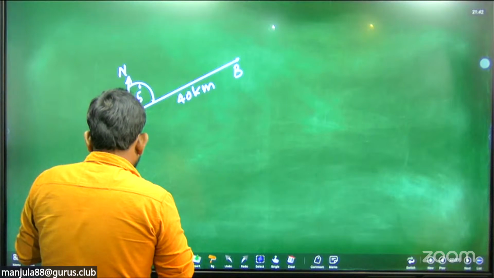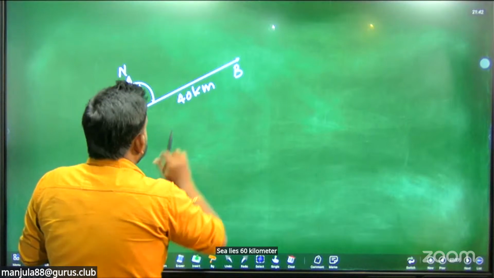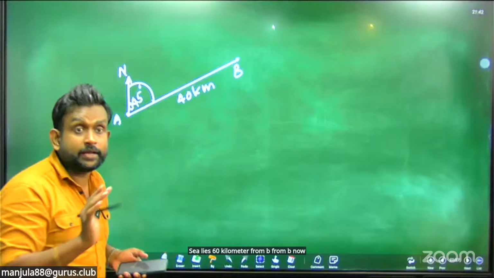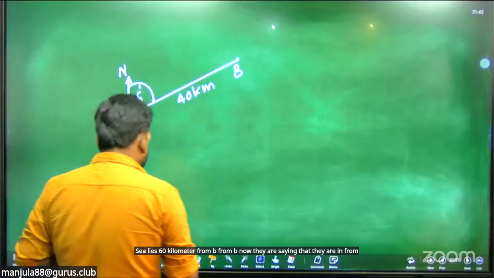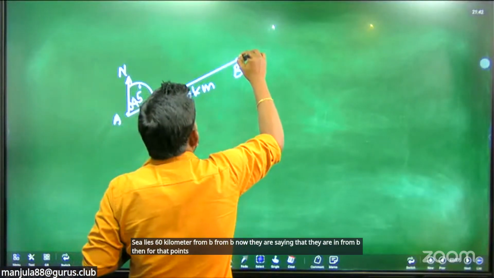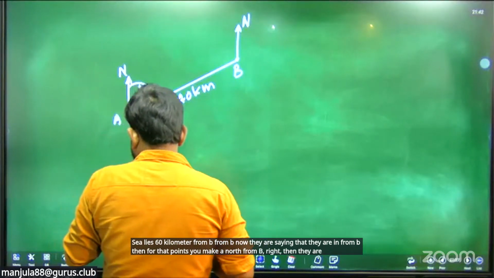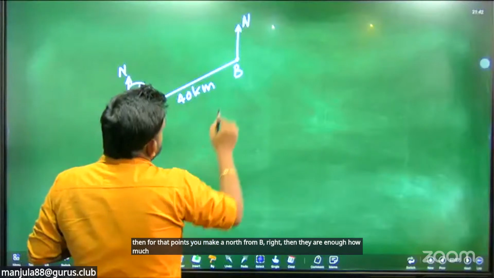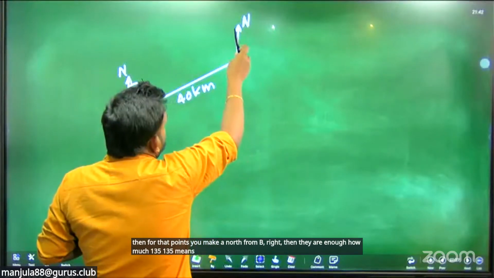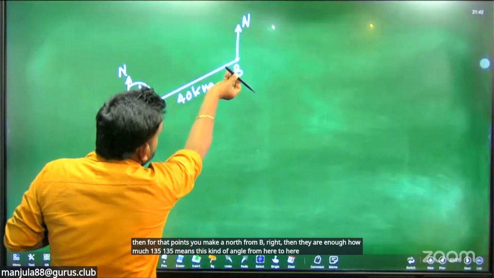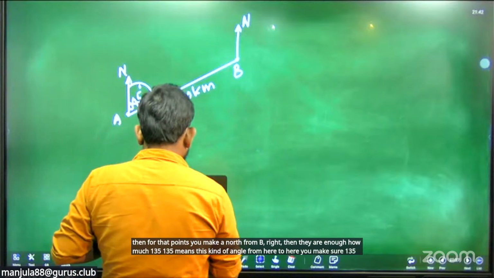C lies 60 kilometers from B. From B, now they are saying the bearing from B. Then for that point you make a north from B, right? Then bearing of how much? 135. 135 means this kind of angle. From here to here you measure 135.